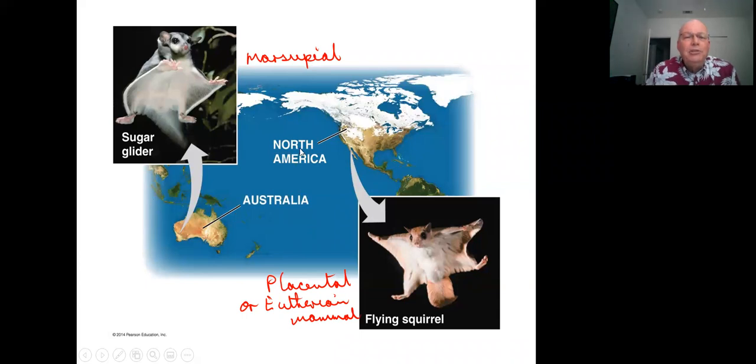These are much younger, lie closer to the present than the common ancestor that they both share as a mammal.